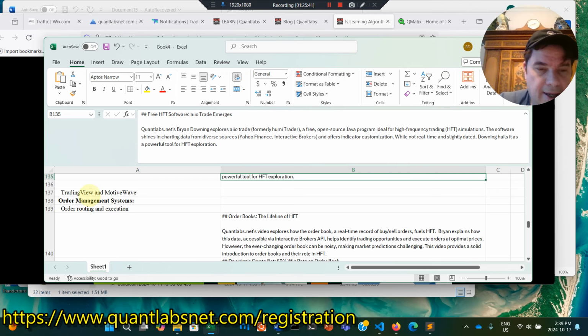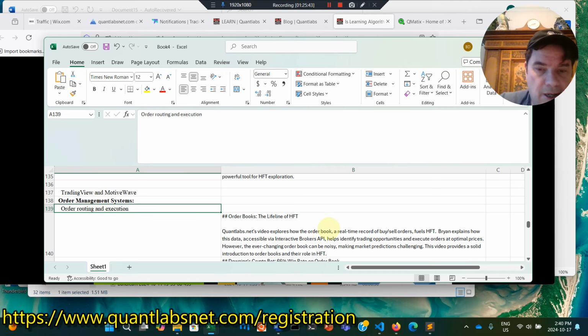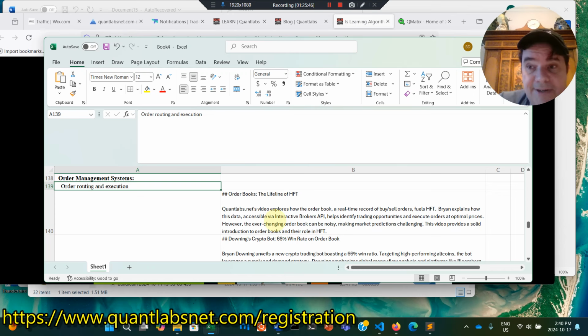Okay, so again, the order book. This is the heart of high frequency trading. You look at an order book to get a real time record of how the buy and sell orders are fueling high frequency traders. The data is accessible through the Interactive Brokers API, but that will be delayed. It's not real time. That's why you have to be on the exchanges, which is where your high cost comes from, to be on something like the equivalent of a CME.